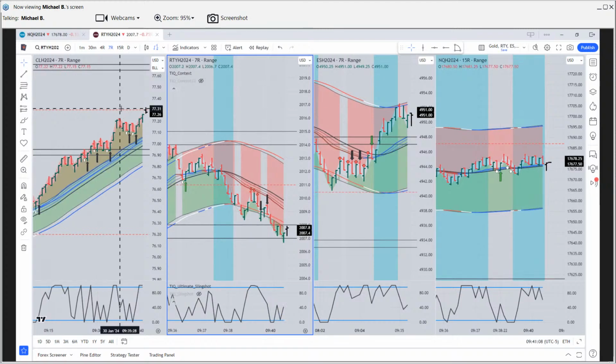So if price pulls down, it should have a good bouncing spot right here. It's the ribbon and the zone. That should be a good spot for it to bounce from.